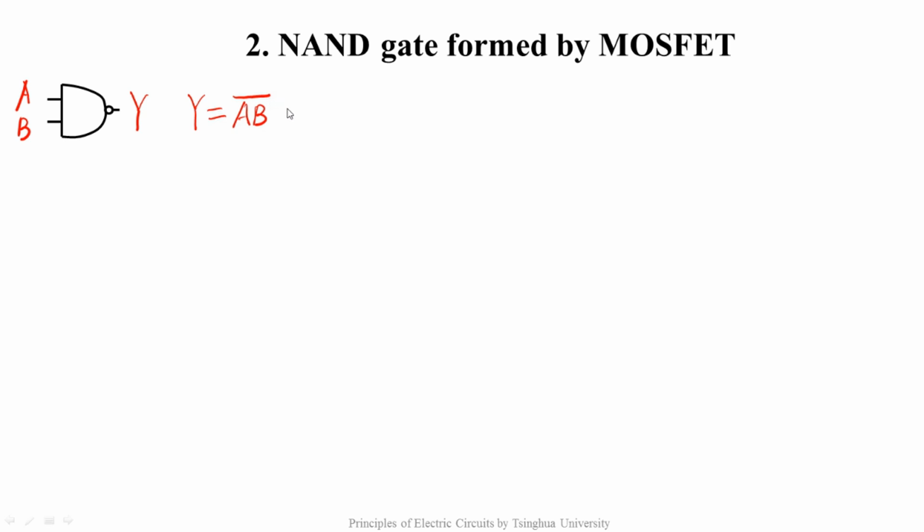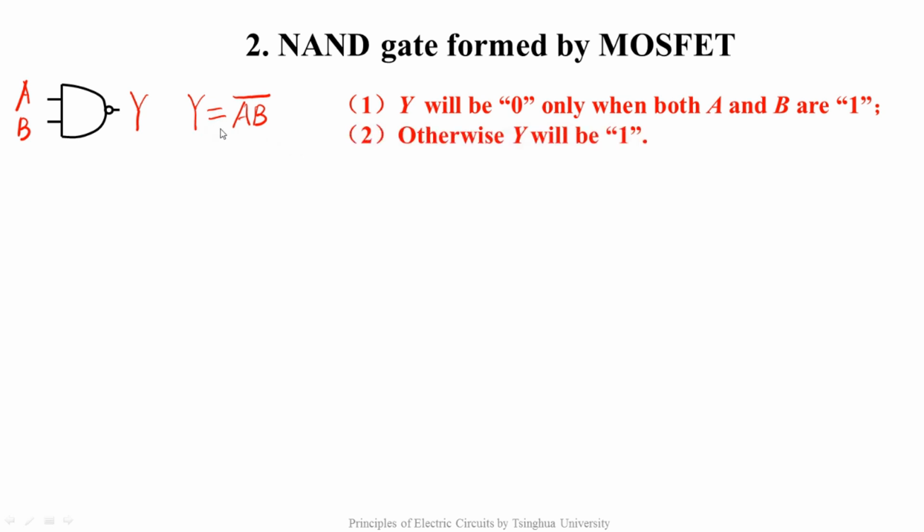According to the previous lecture, the NAND gate's logic has two parts. Only when both A and B are 1, the output Y is 0. Otherwise, the output Y is 1.